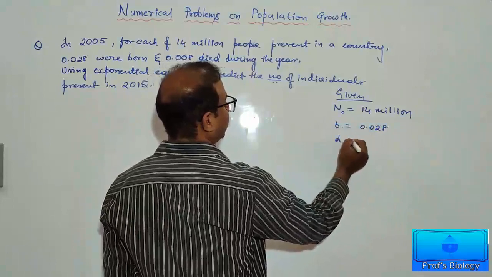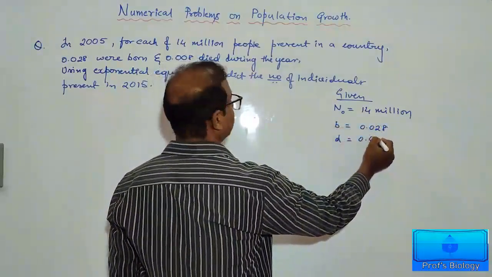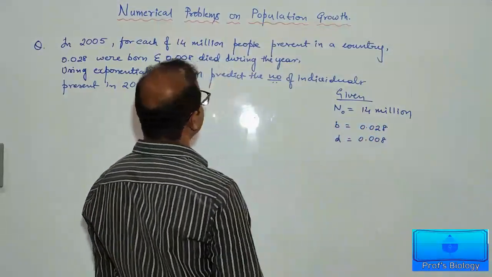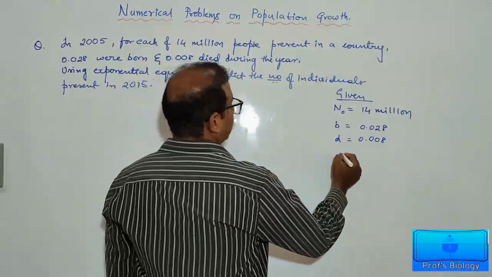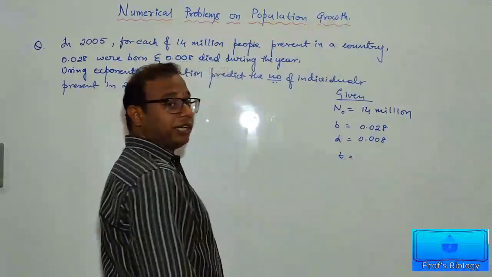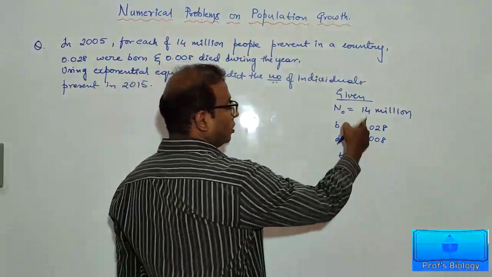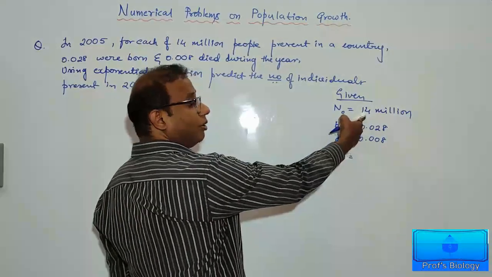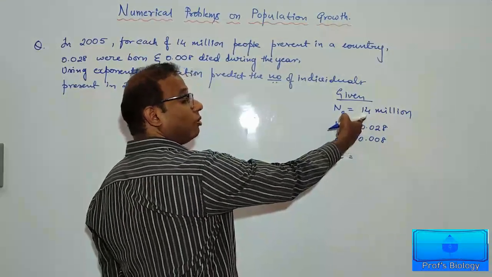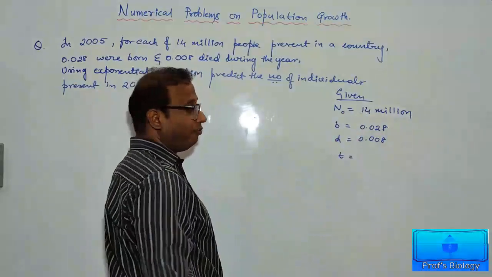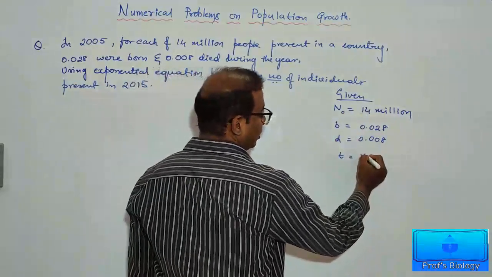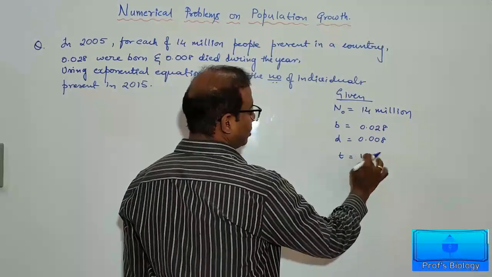Death rate is 0.008. Population after 10 years. In 2005 there are 14 million. We have to calculate what will be the population in 2015. So time duration is 10 years.